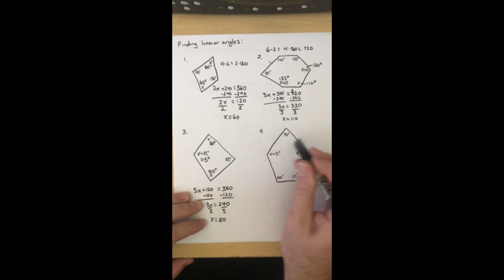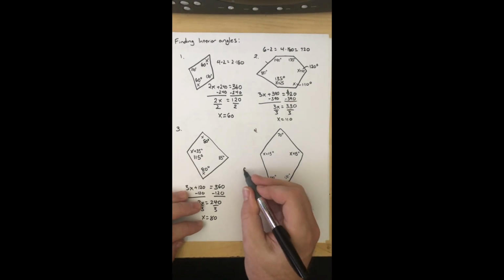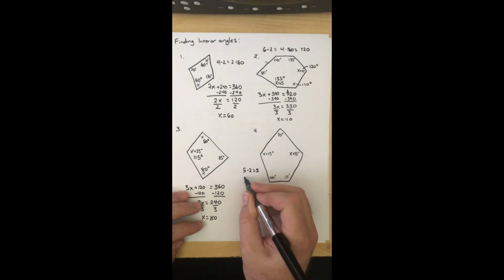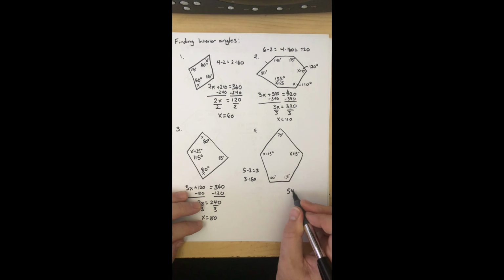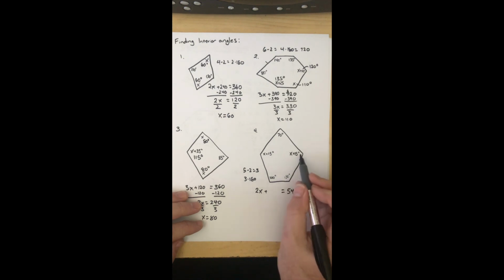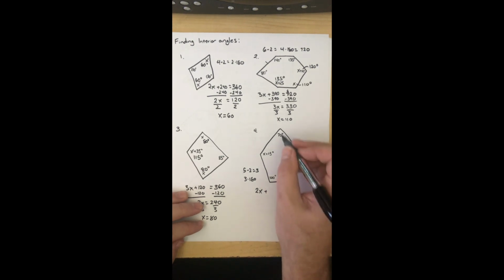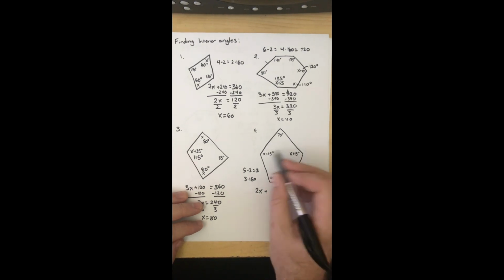Last one. 5-sider. 1, 2, 3, 4, 5. 5 sides minus 2 equals 3. 3 times 180 is 540. I've got 2 x's plus, well, 15 and 15 is 30. 30 and 130 is 160. Ooh, wait, no, I'm going to skip that. I'm going to do 130 and 70 to make 200, 300. Now it's 330. That's easier.